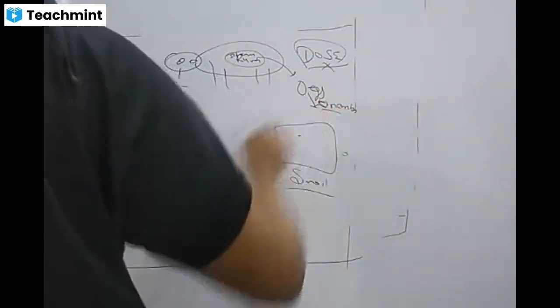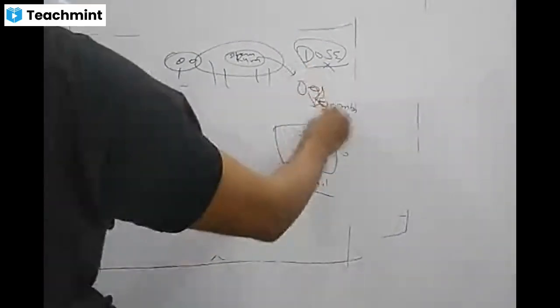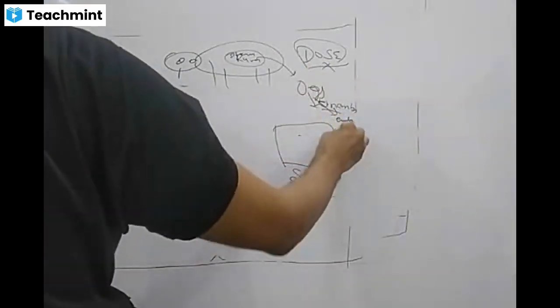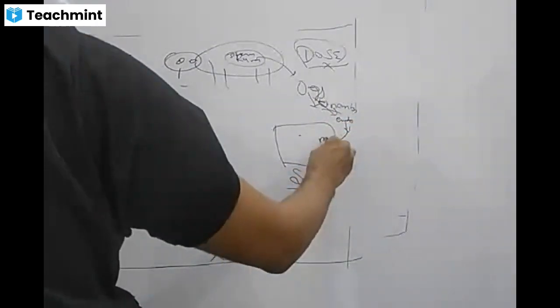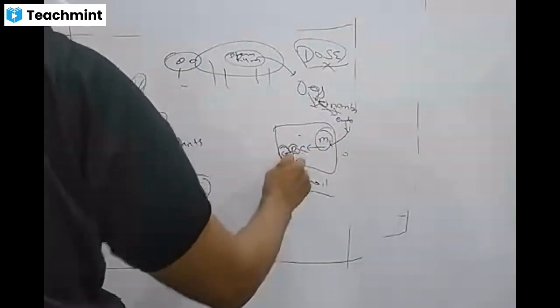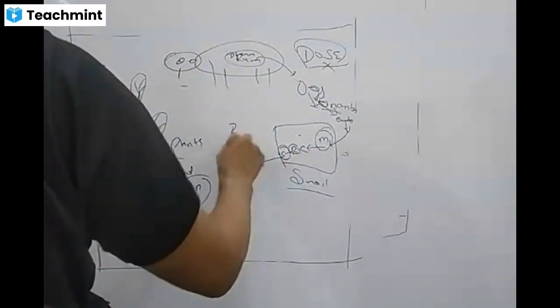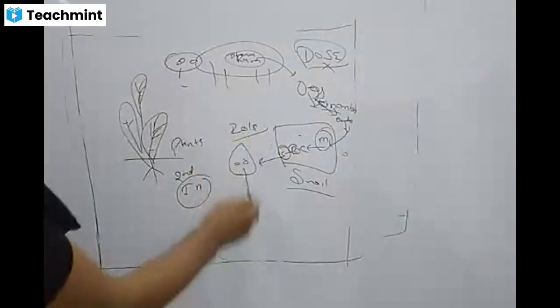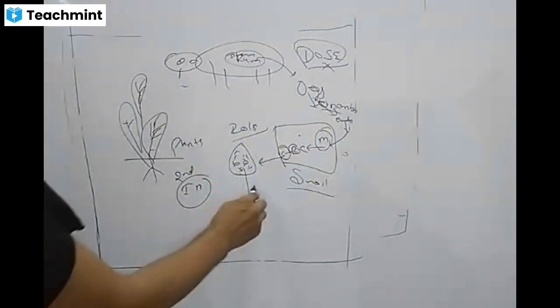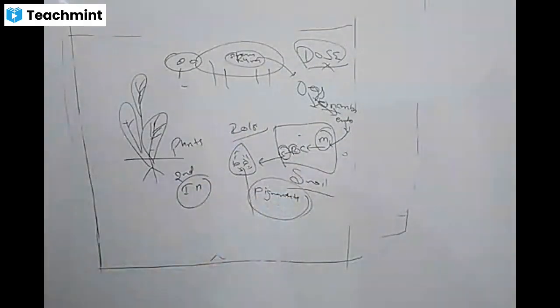Once it comes out into the environment, it will become embryonated, then hatch out as Miracidia, then Sporocyst, Redia, Cercaria. The peculiarity: ICAR 2018 asked which of the following cercariae is known as having pigment, or pigmentata. This was your MCQ in 2018. The cercaria having pigments is pigmentata.